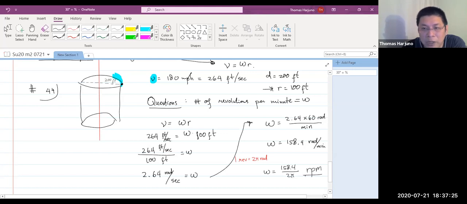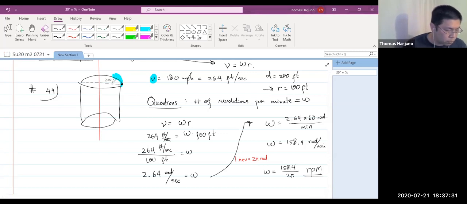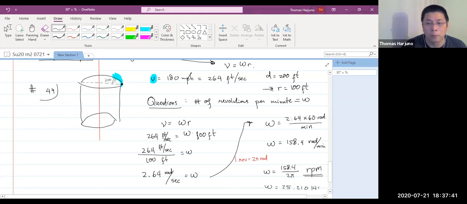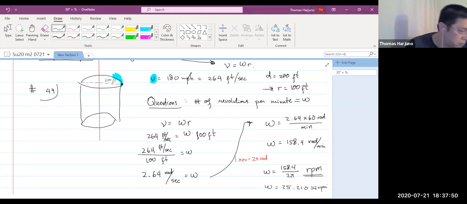RPM stands for revolutions per minute. Dividing by 2 pi, that will be 25.21014 RPM. That's the number of revolutions per minute.